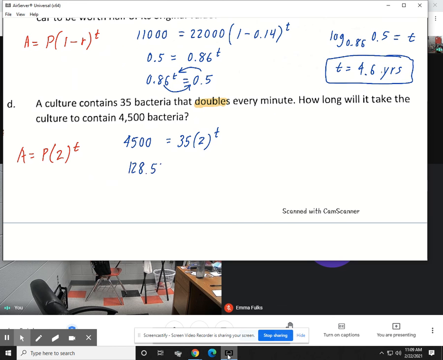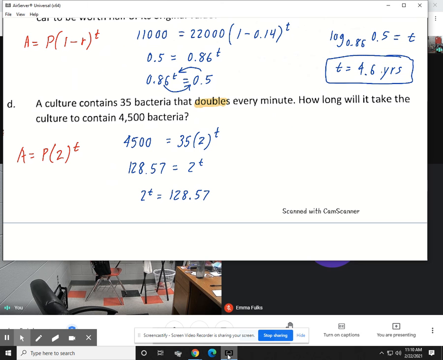So 128.57 will equal 2 to the T power. Again, I like to switch it because we've always done the loop from left to right. I keep saying that because in my opinion, the more repetitive you do things, the easier it is to do them. So the base of my exponent is 2, isn't it?